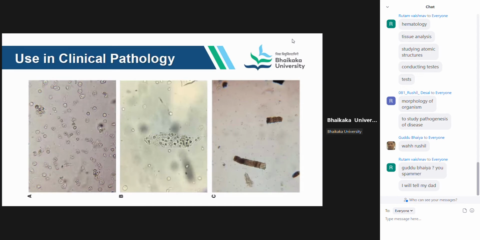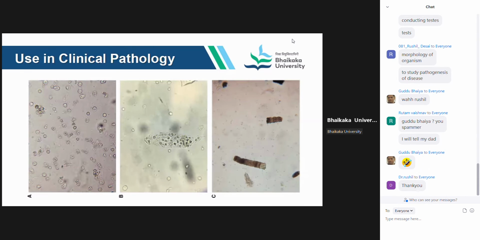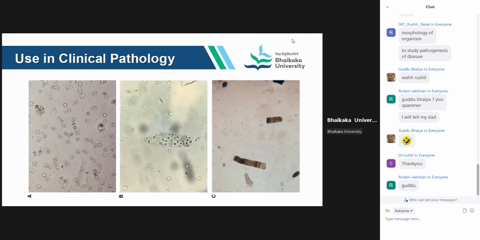Next, you are studying some of the fluids, and the area where you study them is clinical pathology. In clinical pathology, when you study fluids under microscopy, the most common is the urine sample. Here we have shown you A, B, C, the urine sediments, which are examined under the light compound microscope.